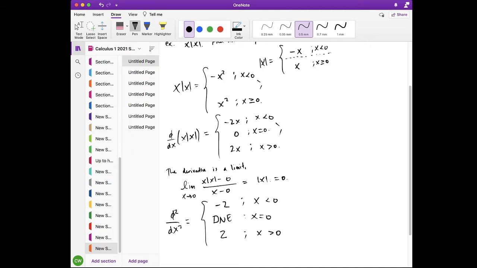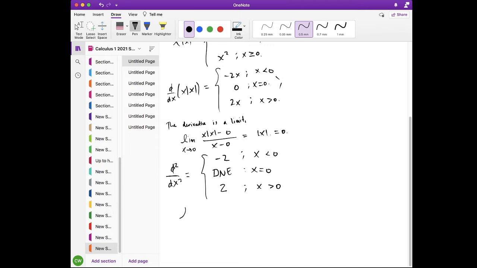And to show that, let's use the definition of the derivative again, because this is a weird function. So we know the derivative at 0 is 0. We showed that. So it's the limit, of course.